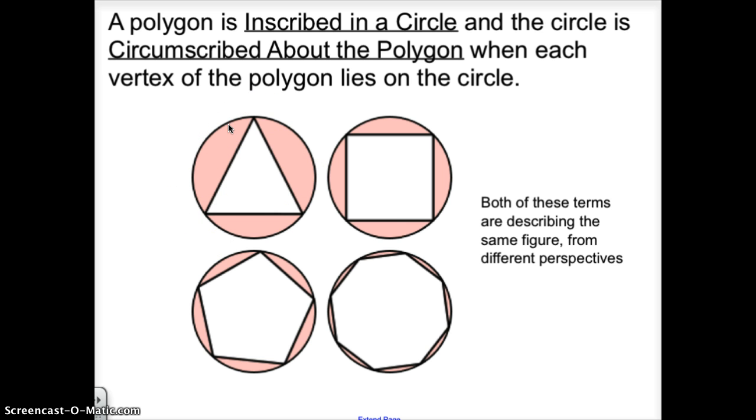The one requirement for an inscribed polygon is that all vertices must touch the circle. If they don't, then it is not considered inscribed. It's just another polygon. Hit pause and answer questions 10 through 16 right now.